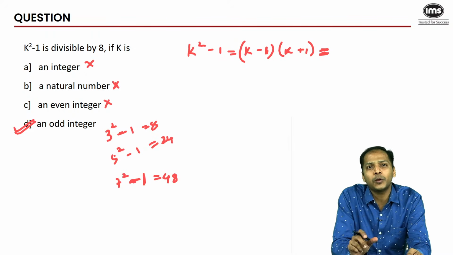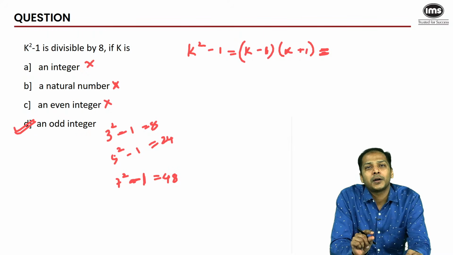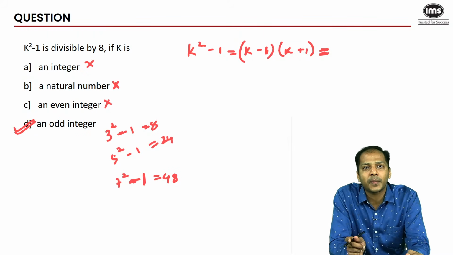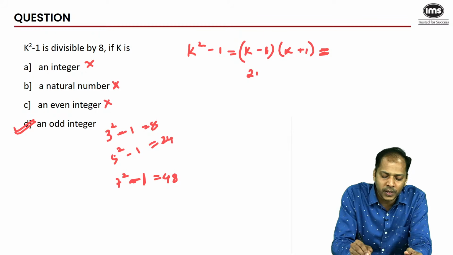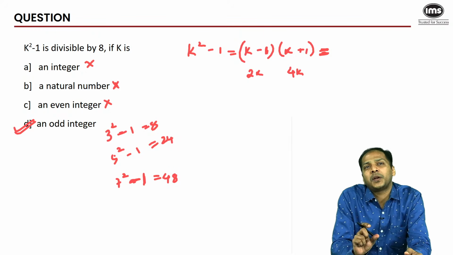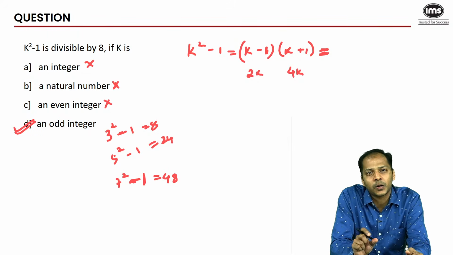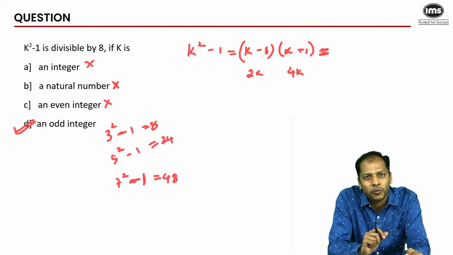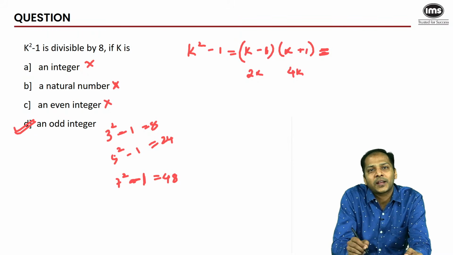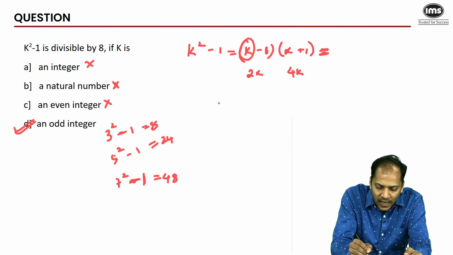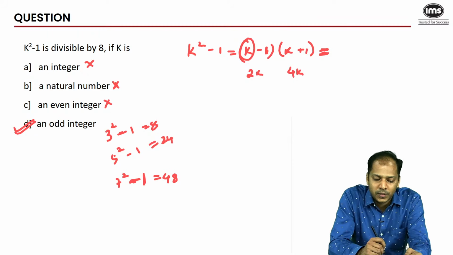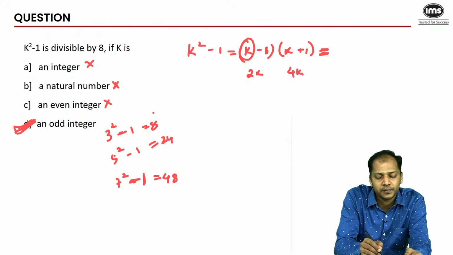Between two consecutive even numbers, one of them will definitely be divisible by 4. So maybe this could be a 2k and this could be a 4k, because between any two consecutive even numbers, one of them will always be divisible by 4. So their multiplication would actually become 8k if k is any odd number. So yes, this is true for any odd number. Okay, let's go ahead.